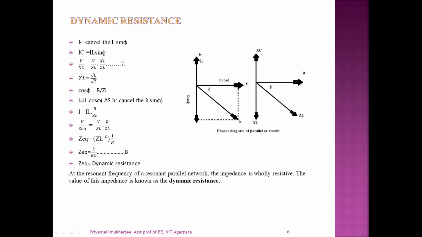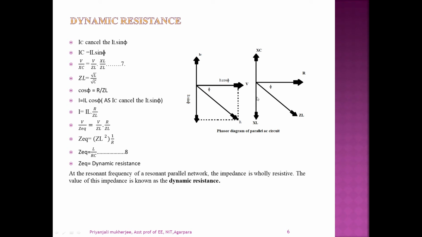Now IC means V divided by XC, whereas IL is V divided by ZL, and sin phi is XL by ZL. It can be written from this diagram, where this represents the resistance R, and this is XC and XL, and this is ZL, and Z is the impedance, whereas XL is the inductive reactance and XC is the capacitive reactance.